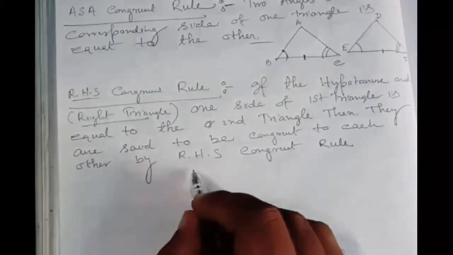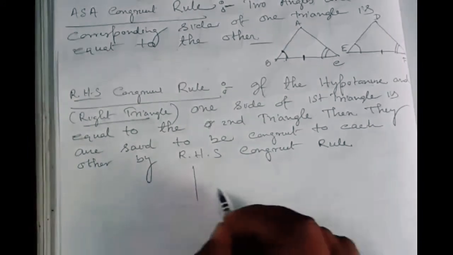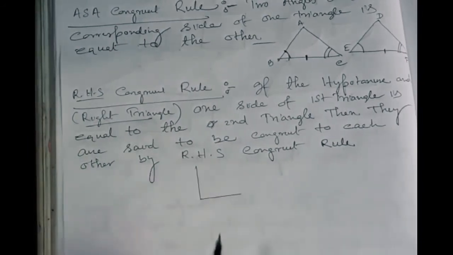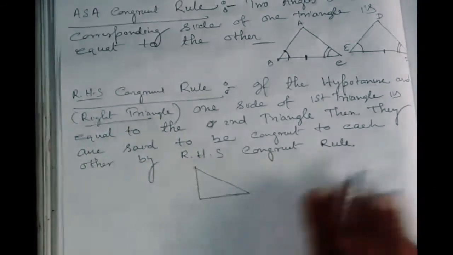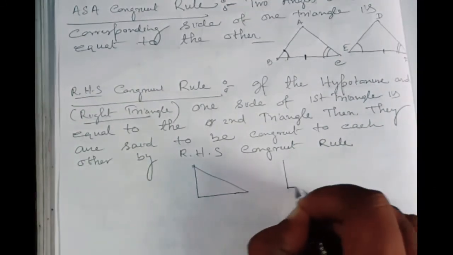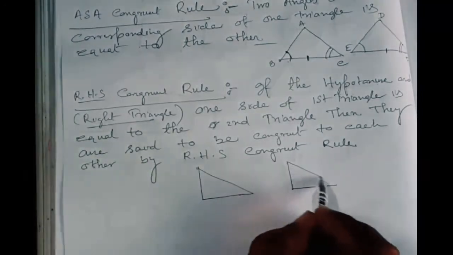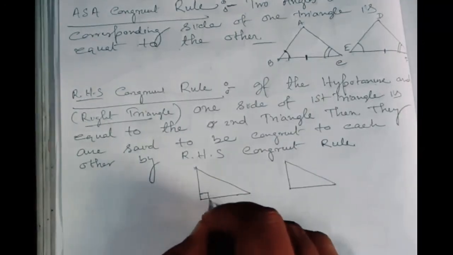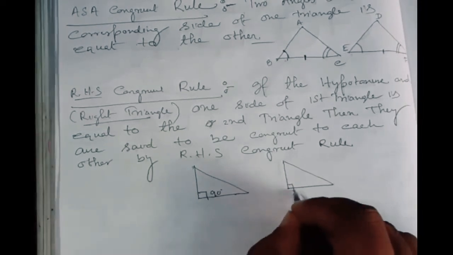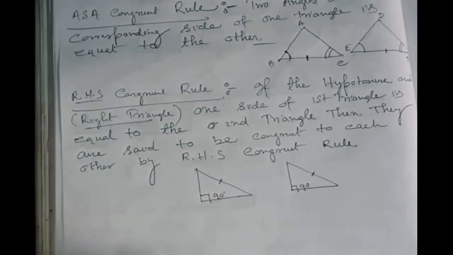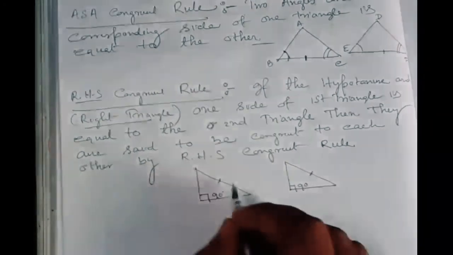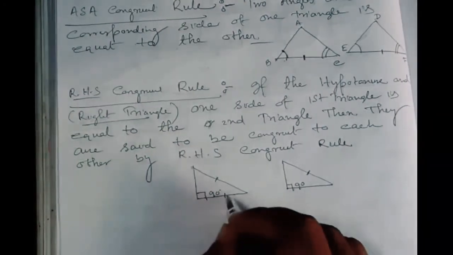That is, suppose we are drawing the figure, this is 90 degrees, this is the hypotenuse, and suppose this base is equal.